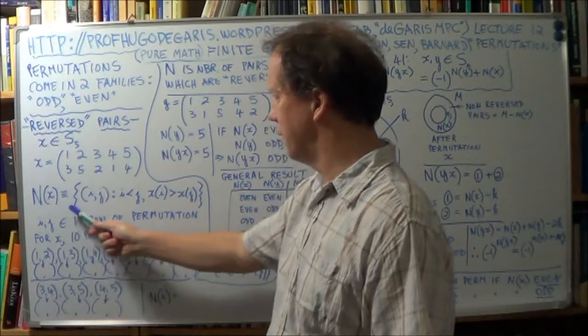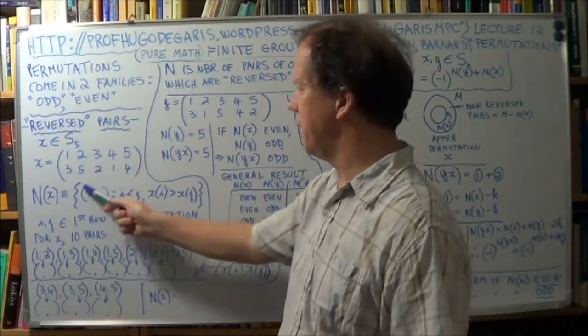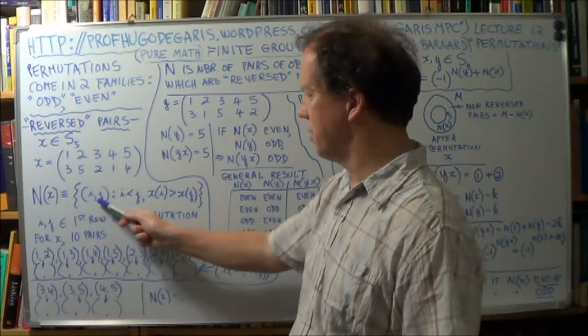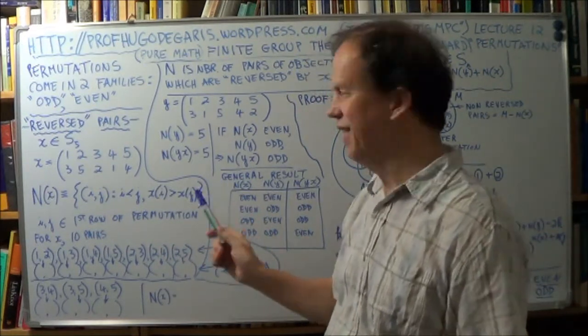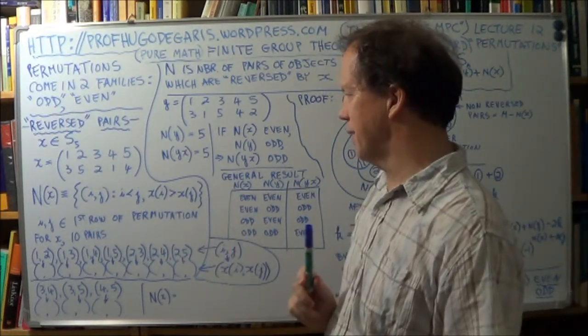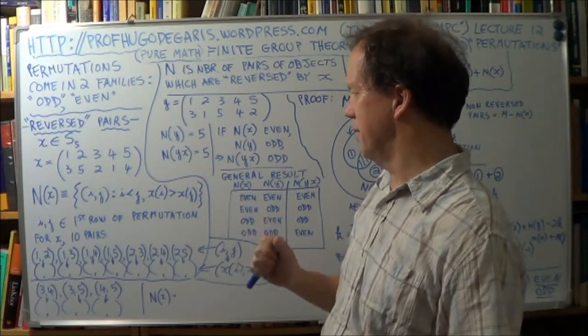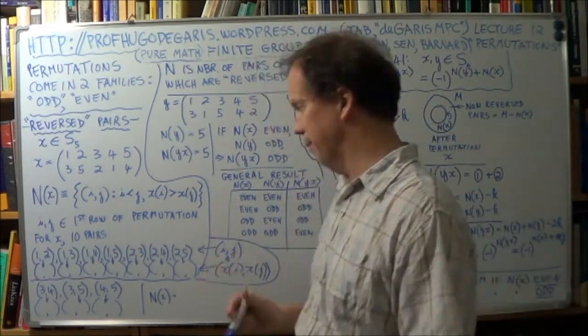It's the number of these pairs where the two integers in these pairs obey this property. Now that sounds very vague. Let me actually give you some examples, and then you'll get a better feel for what's going on.